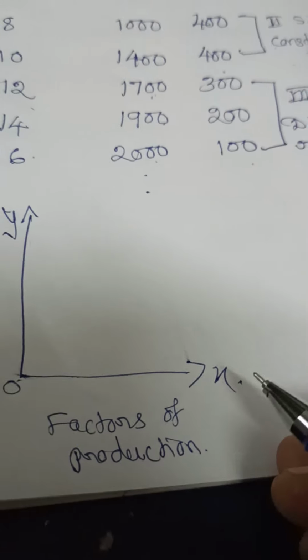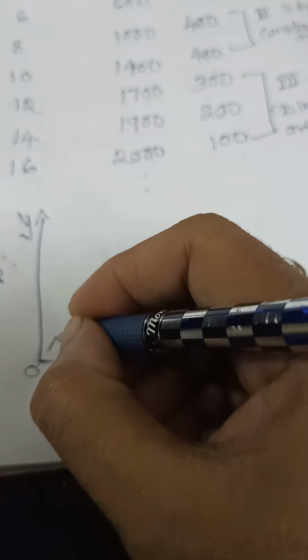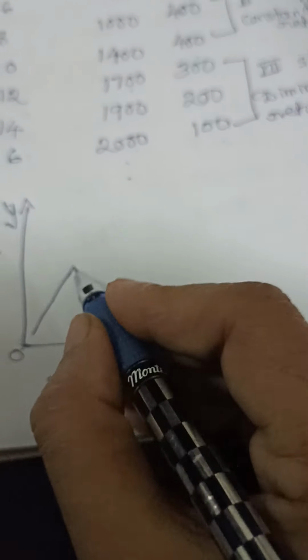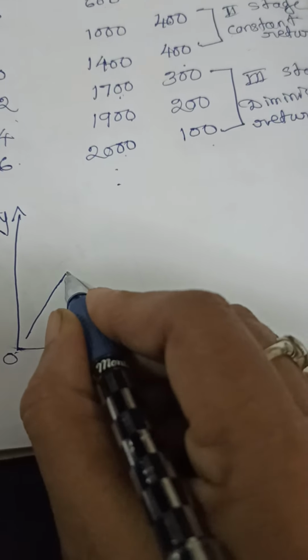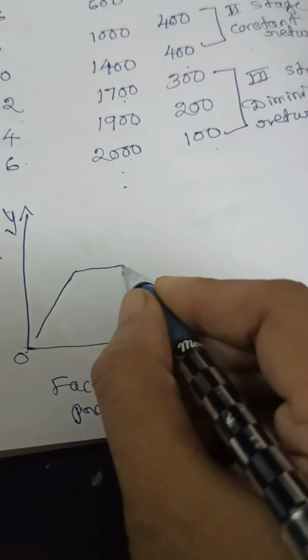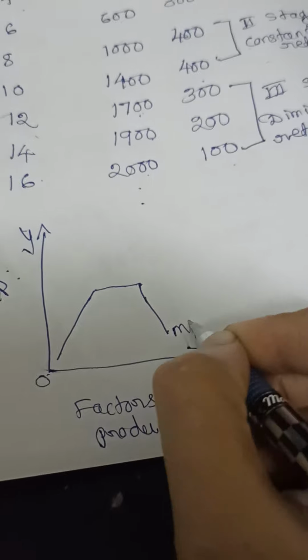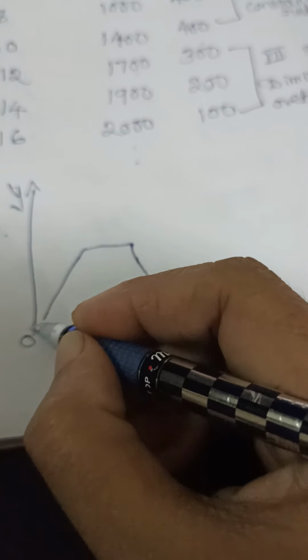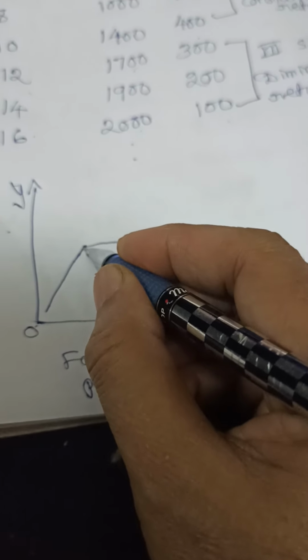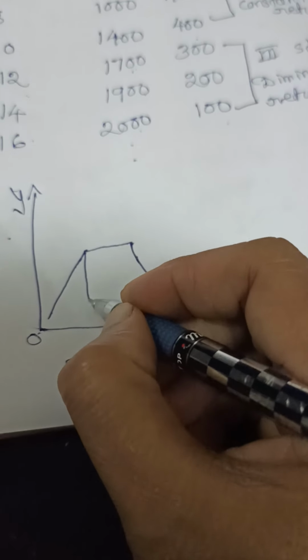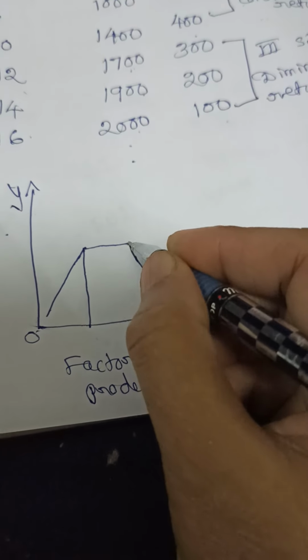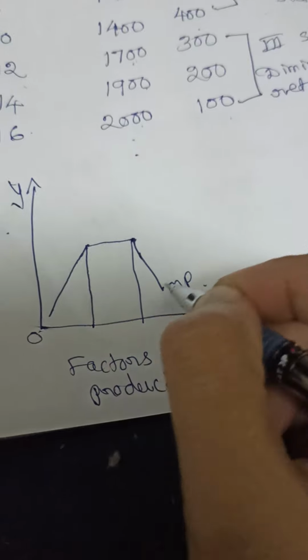So now the marginal product, in the beginning it is increasing, then it remains constant, then it diminishes. This is our MP curve. So the first stage ends where the marginal product stops increasing, and the second stage is constant, and this is the third.